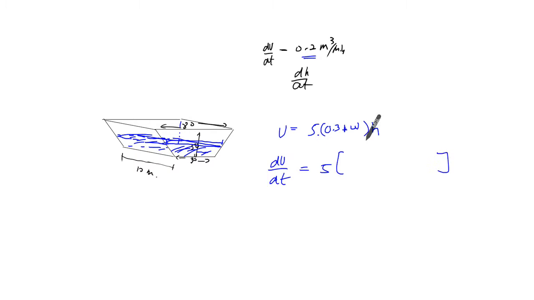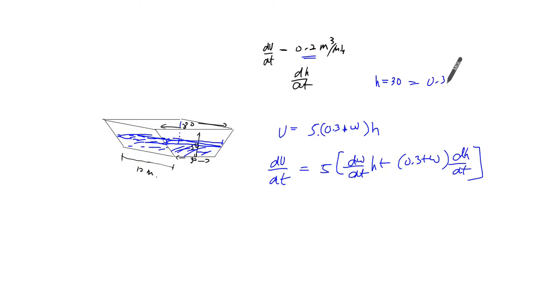I'm going to do the product rule, differentiate this, and we get dW/dt times H, plus (0.3 + W) dH/dt. And we want to find dH/dt when H is equal to 30 centimeters, so it's 0.3 meters.